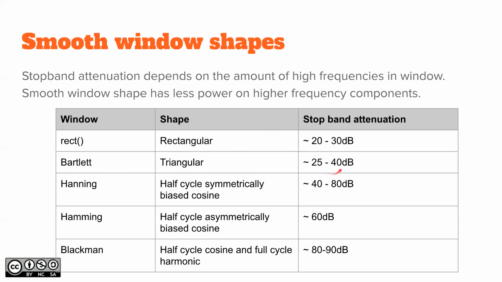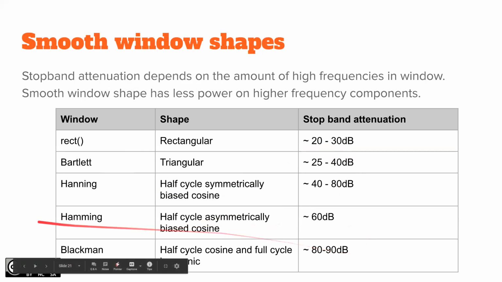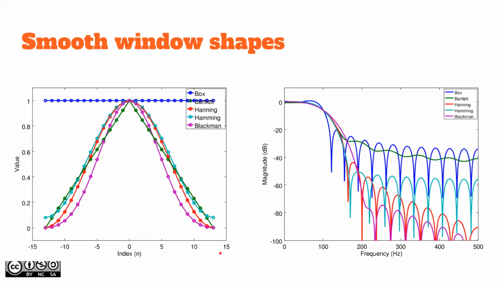Even that one already gets better stop band attenuation, up to 40 dB. If you use a half cycle symmetrically biased cosine, I'll show you some pictures later, then you get up to 80 dB already. Then there's the Hamming window, 60 dB, and the Blackman window, maybe my favorite. Half cycle cosine and full cycle, something harmonic.